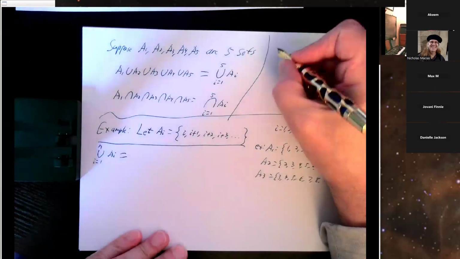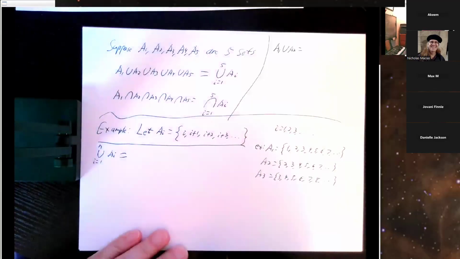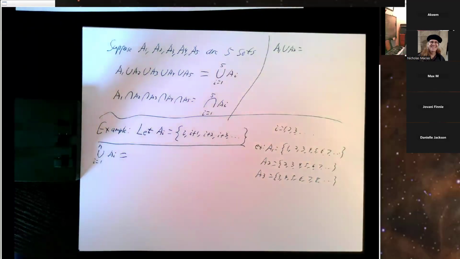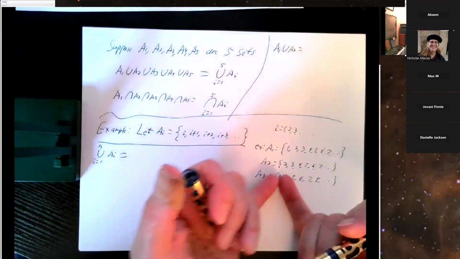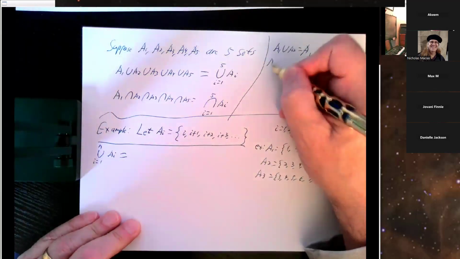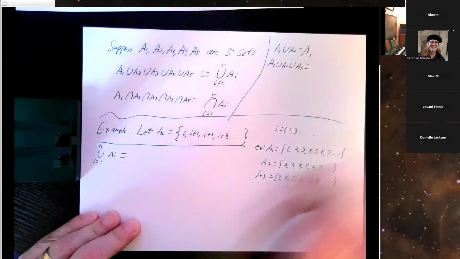Let's start off with just A1 union A2. What does that equal? A1. That's just A1, right? This is all the integers from 1 on up, union the integers from 2 on up. That's just A1. What about A1 union A2 union A3?